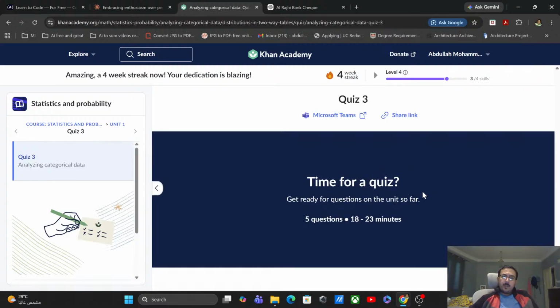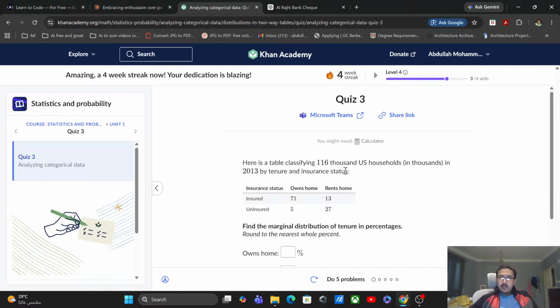Quiz 3 is what we're going to finish today. Here is a table classifying households.